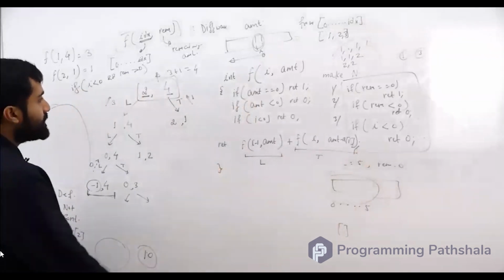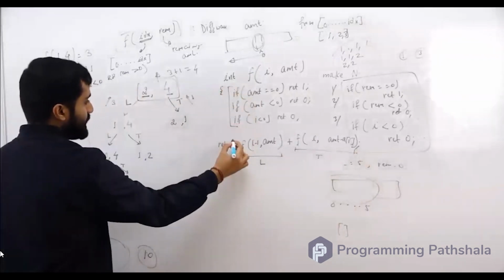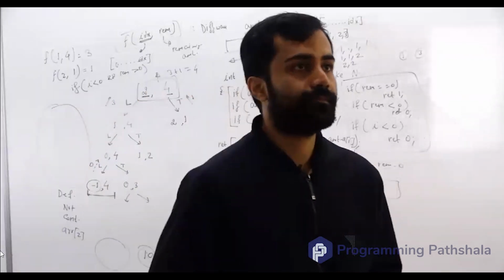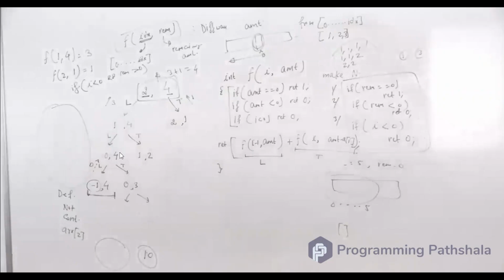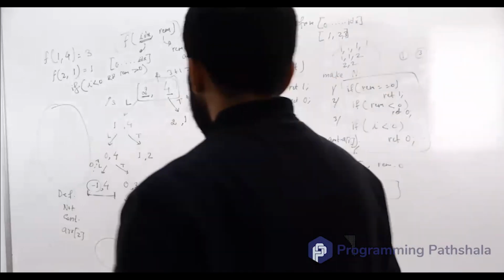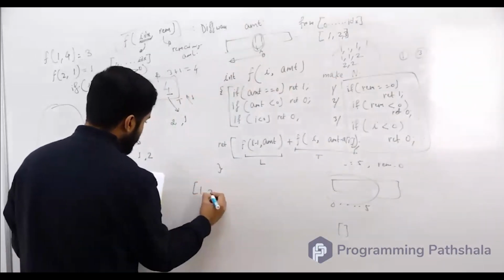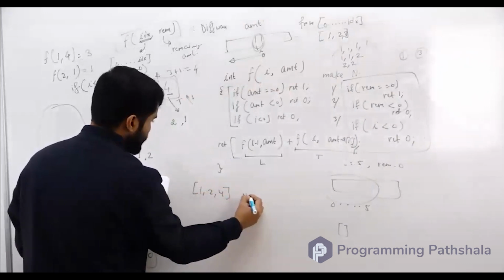Again, a classical recursion code which has certain base cases and one recurrence relation. Do you feel that again here there can be repeated subproblems, overlapping subproblems? So it will definitely have overlapping subproblems again. For that, you will have to take a particular input. So let's say you have 1, 2, 4, and you have n equals 10.